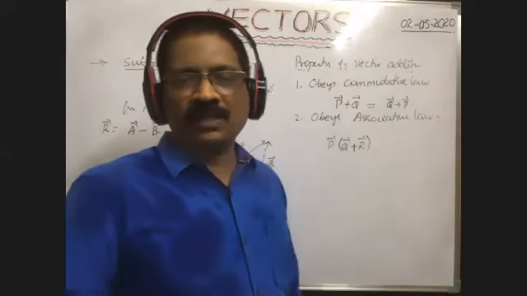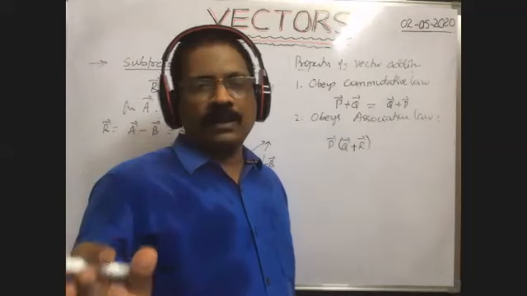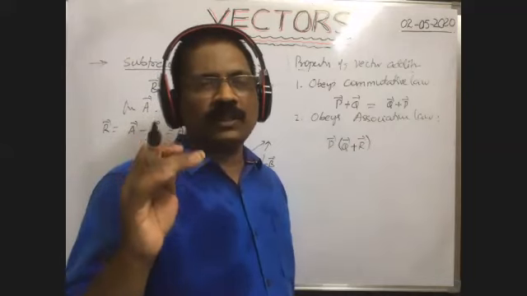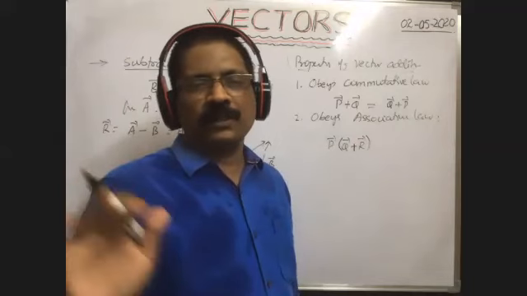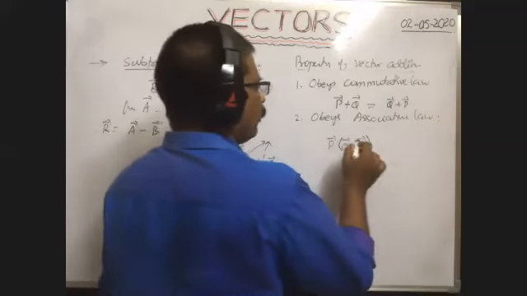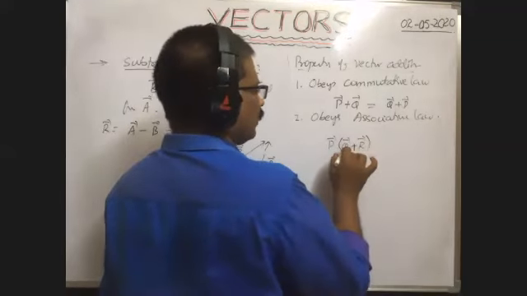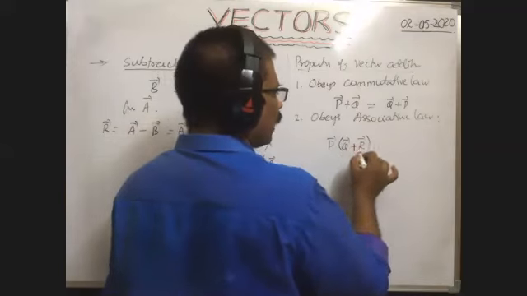From the first class onwards, whatever topics I taught from the beginning, in tomorrow's exam they will ask questions from that. Here, when you add R bar to Q bar, you get Q bar plus R bar. It is the resultant of Q bar and R bar.